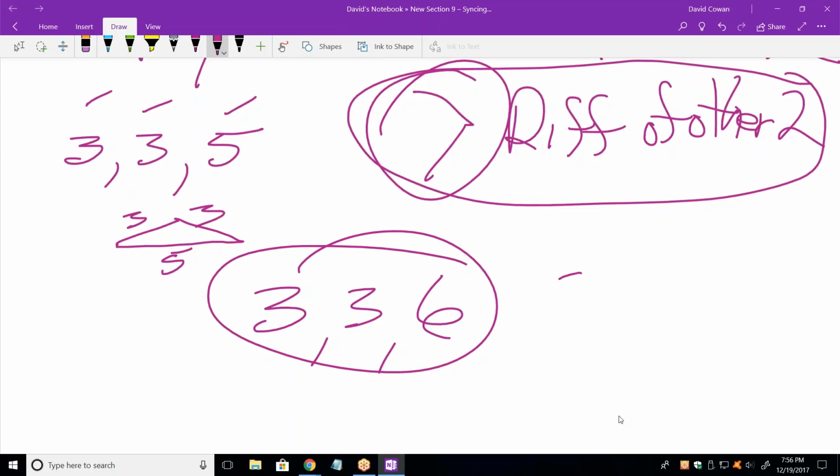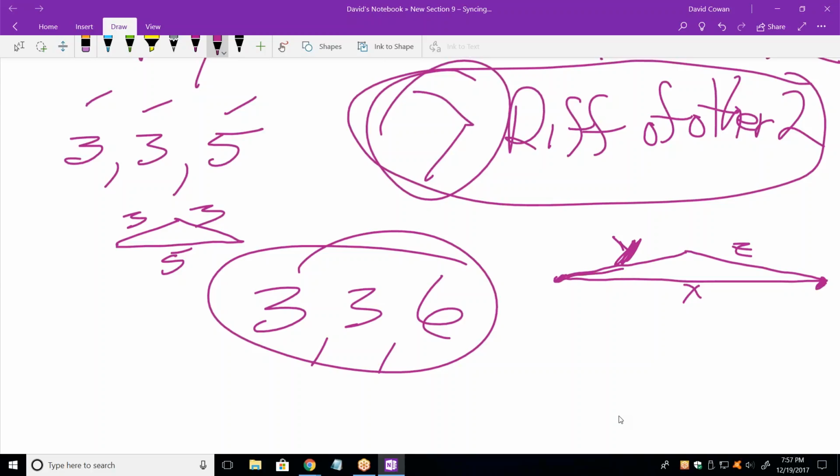And one way to kind of remember this is the shortest distance between 2 points is a straight line. So x is the shortest distance between that point and that point. That means y plus z has to be greater. If the shortest distance is x, then this is going the long way, right?